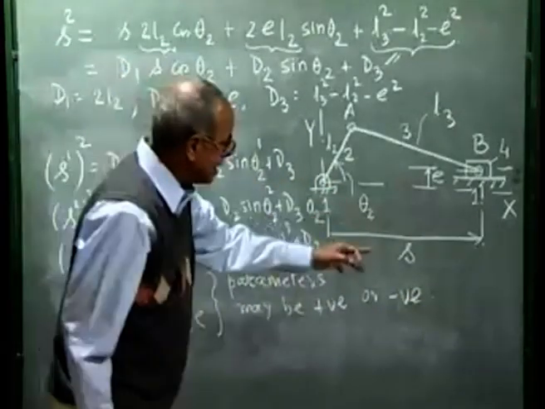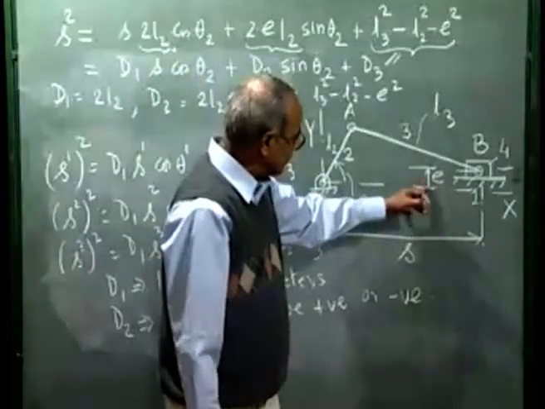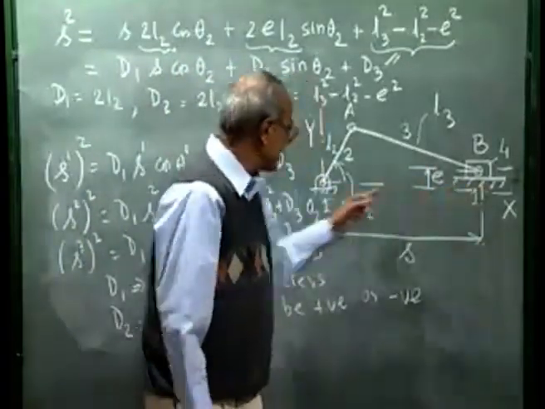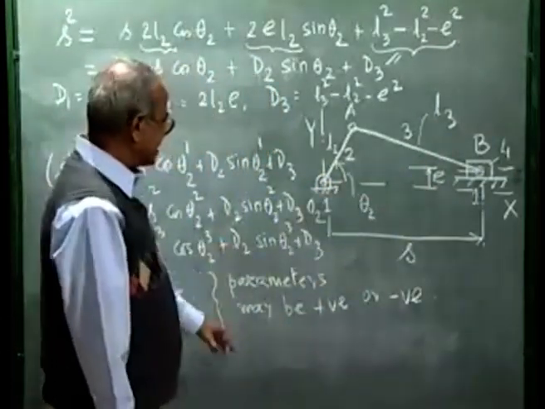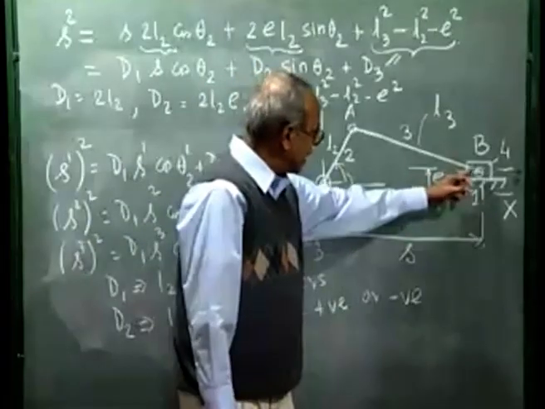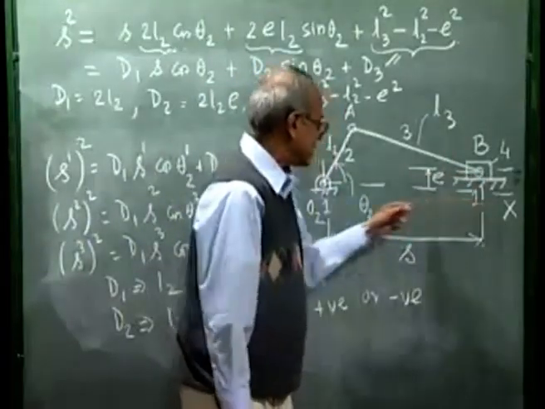That means if E is negative, the offset will be below this horizontal line passing through O2. The diagram shows E as positive, and if E turns out to be negative, it will only imply that this line of sliding is below the x-axis.